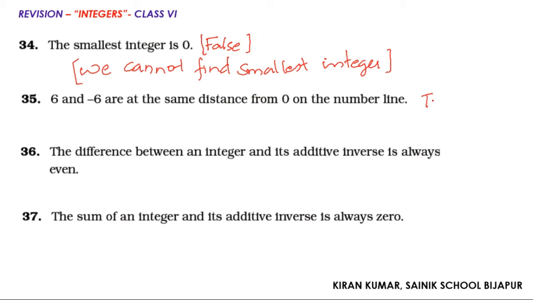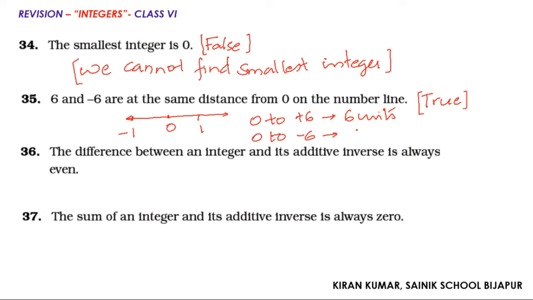This statement is true because when we consider the distance between 0 to 1 as 1 unit and 0 to -1 as 1 unit, the distance from 0 to +6 is 6 units, and the distance from 0 to -6 is also 6 units. So they lie at same distances.